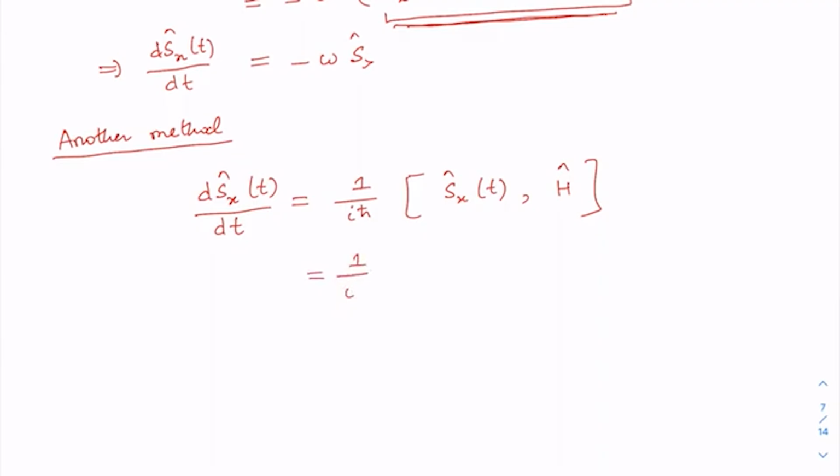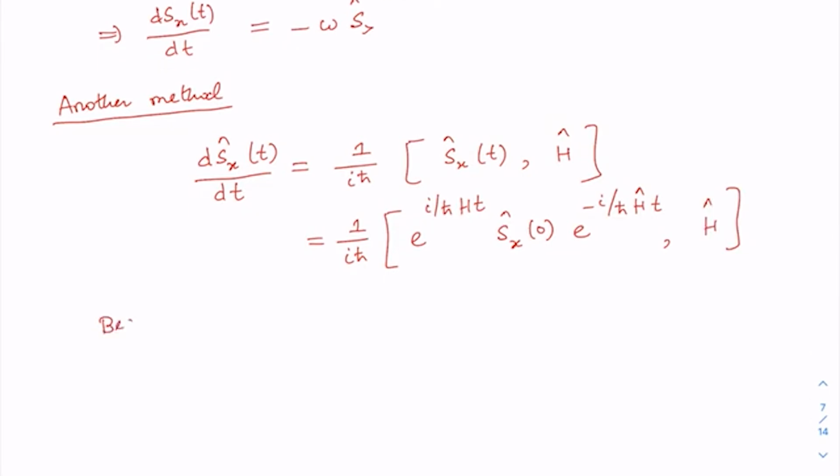I have here 1 by iħ. This Sx(t) I can write as e to the power iHt/ħ, Sx(0), e to the power minus iHt/ħ, and this Hamiltonian.